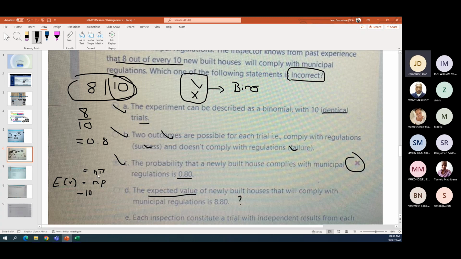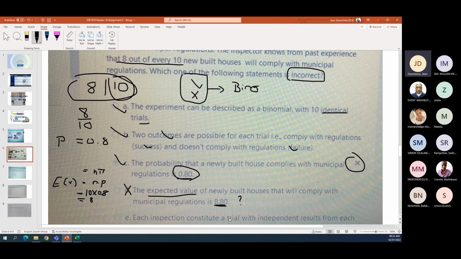We know what p is, that was what is there, so that is times 0.8. So 10 times 0.8 is 8 and not 8.8, so that would have been the wrong one.